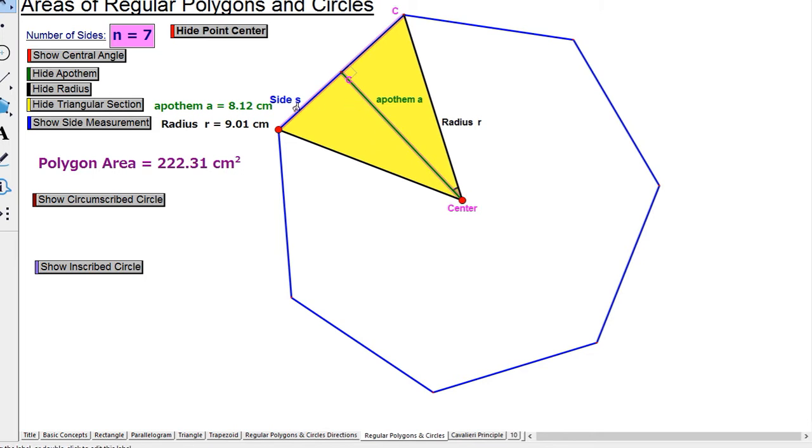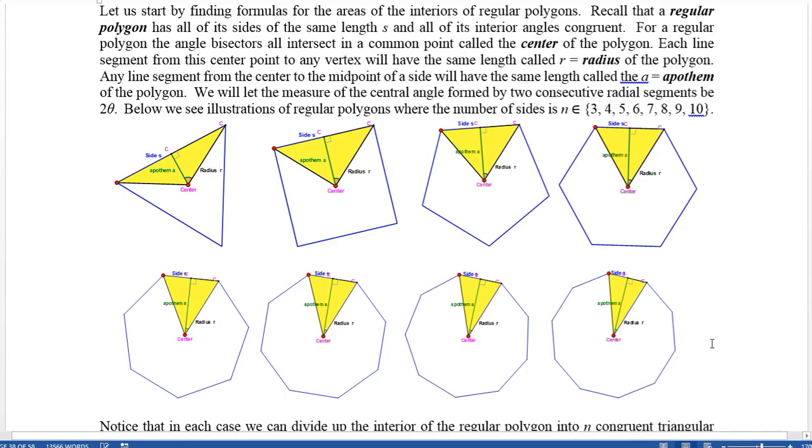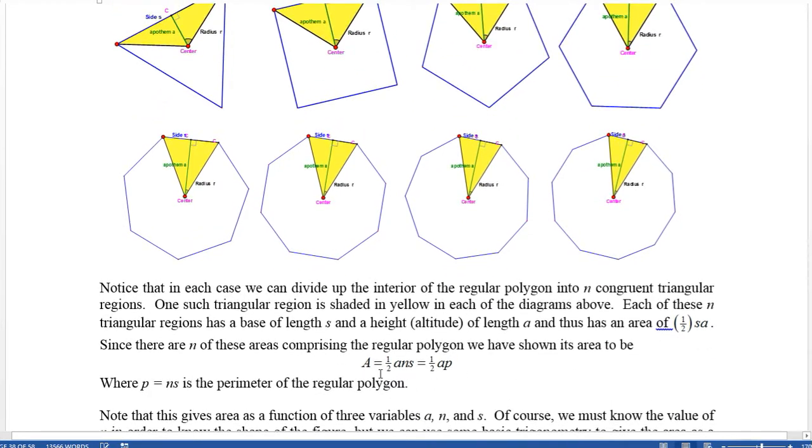So it's 1/2 as, but we have n of those triangles, so the area is 1/2 asn. But n times s is the same as the perimeter. So another way to say it is 1/2 the apothem times the perimeter. And that's going to be our basic formula for the area of a regular polygon: 1/2 the apothem times the perimeter.